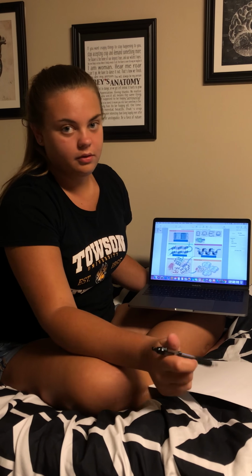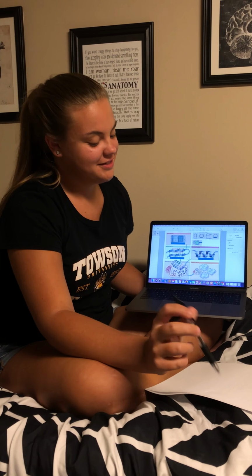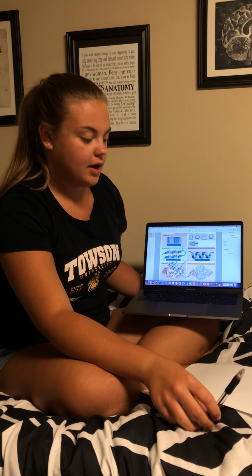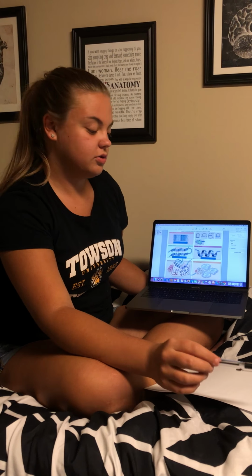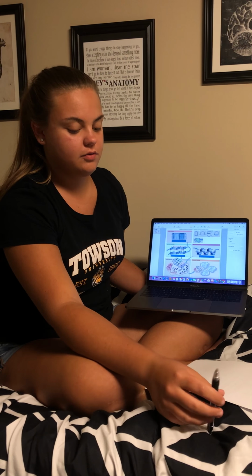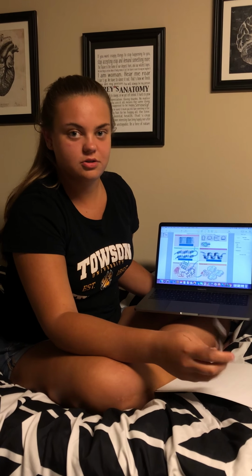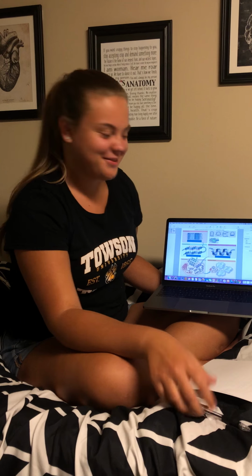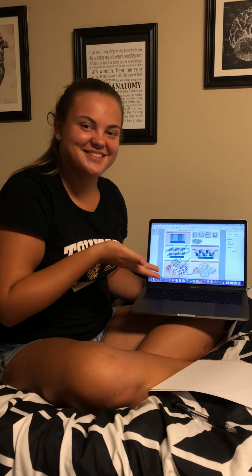The R group of the amino acid is involved in the quaternary structure, and overall the structure is very weak and it's prone to denaturing. So if you add heat or change the pH, the bonds will break and it'll denature. And those are the 4 types of protein structures.